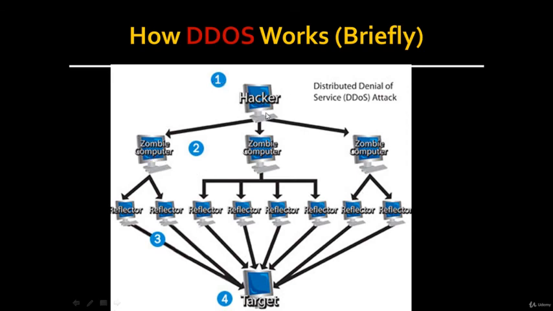The hacker has controlled many zombie computers, or bots, as we call them. The zombie computers control many other computers called reflectors. And this is the target. All the reflectors will start sending packets, and this will congest and exhaust the target.